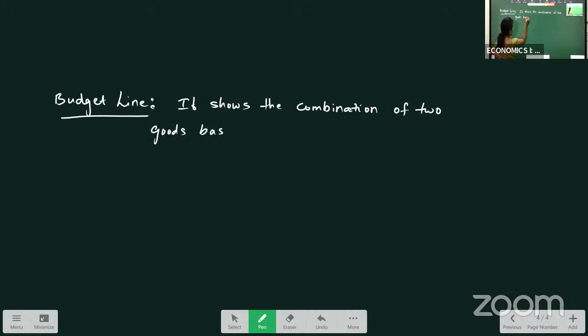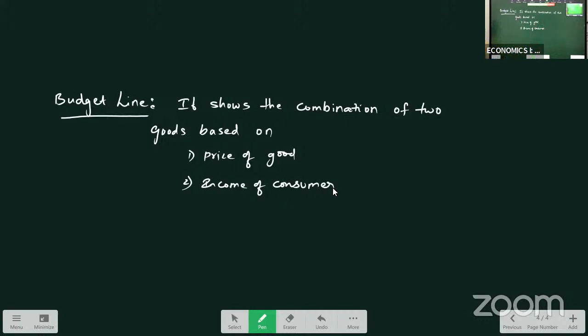So budget line shows the combination of 2 goods based on the price of the good and the income of the consumer.